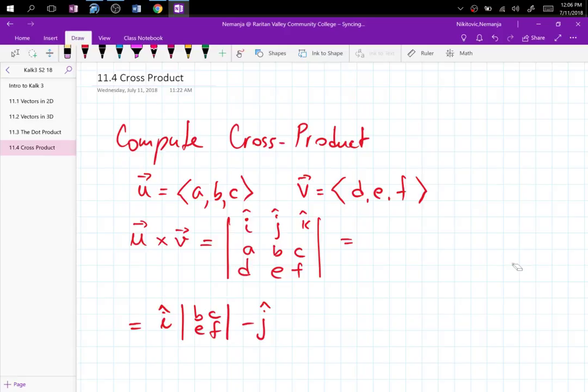So, positive i, negative j. Once you put j down, delete that row and column. We're dealing with the determinant of A, C, D, F. And finally, we have plus k.